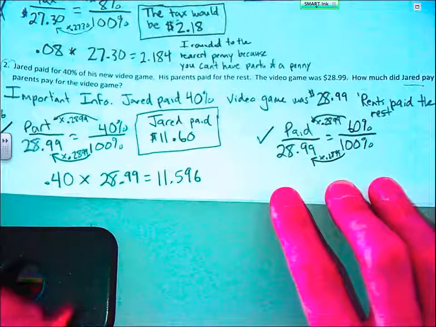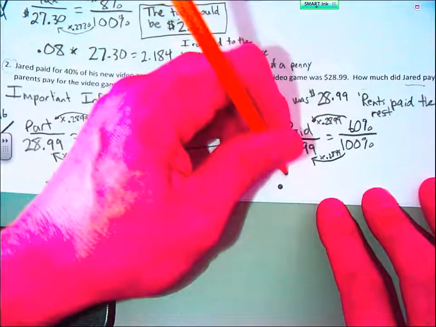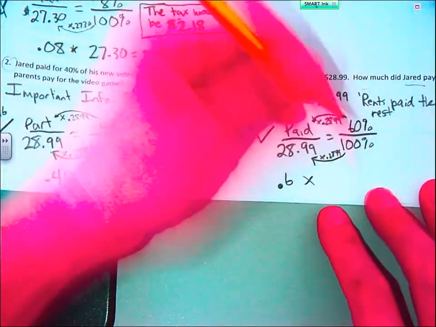That's going to be my check, though. Finding a part or percent of a whole, I take the percent, turn it into a decimal, multiply it by the whole.